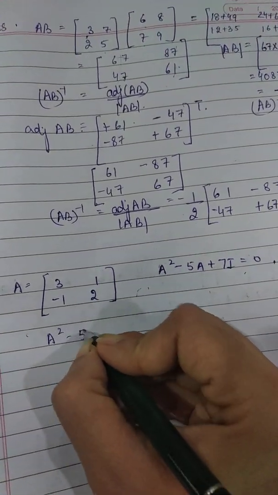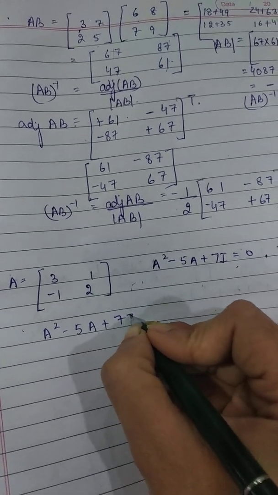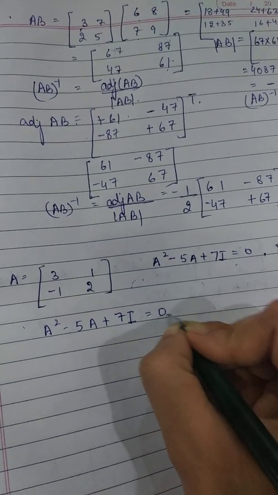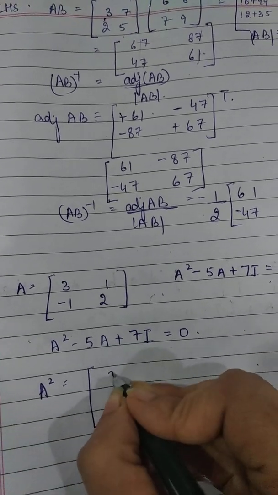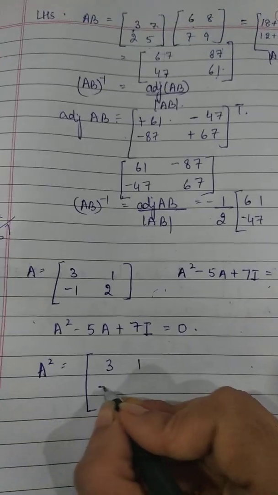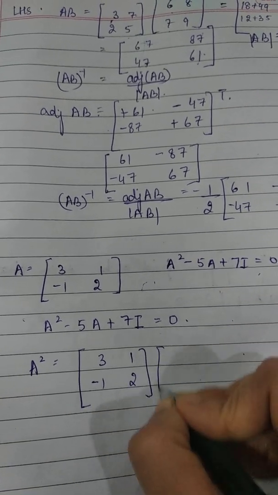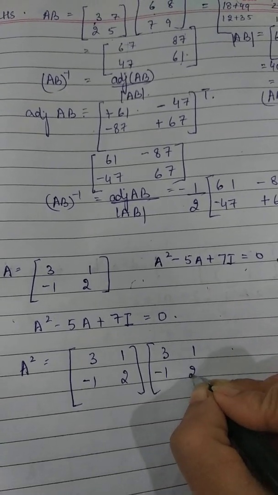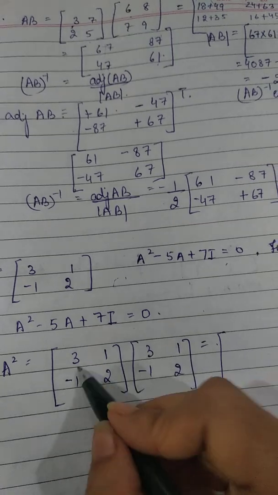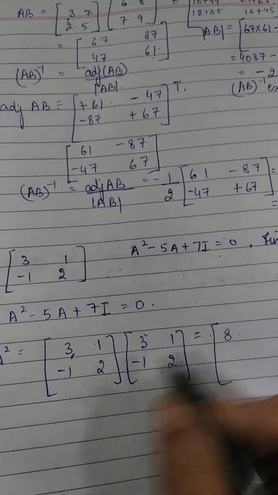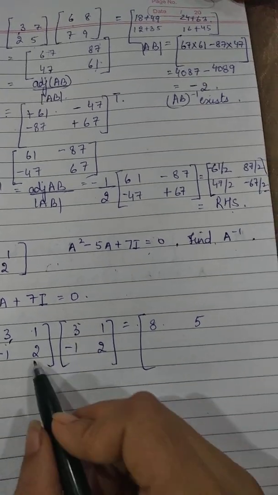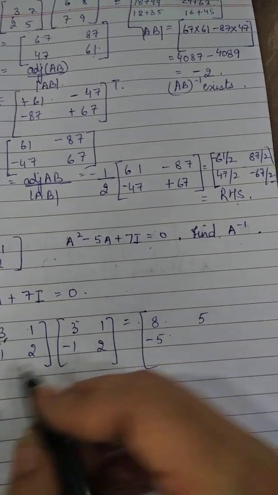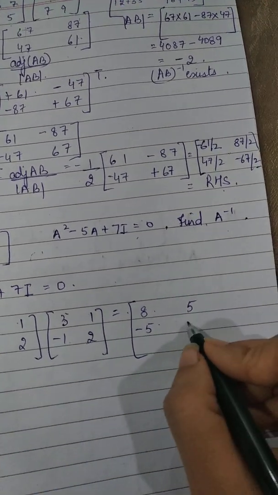A square minus 5A plus 7I. We have to prove it equal to 0. For that, we need to find out A square. So that's 3, 1, minus 1, 2, and that's 3, 1, minus 1 and 2. 9 minus 1, 8, 3 plus 2, 5, minus 3, minus 2, minus 5, minus 1, 4, that's 3.